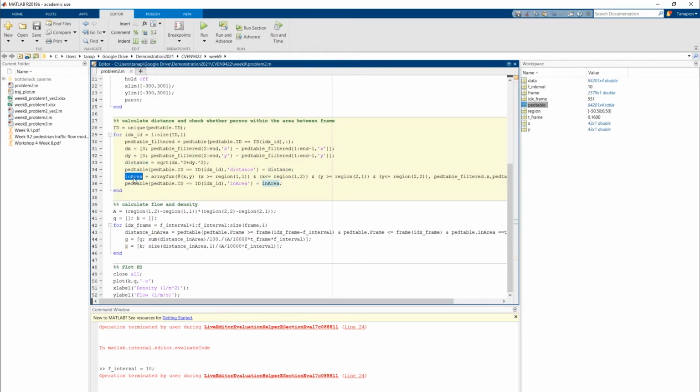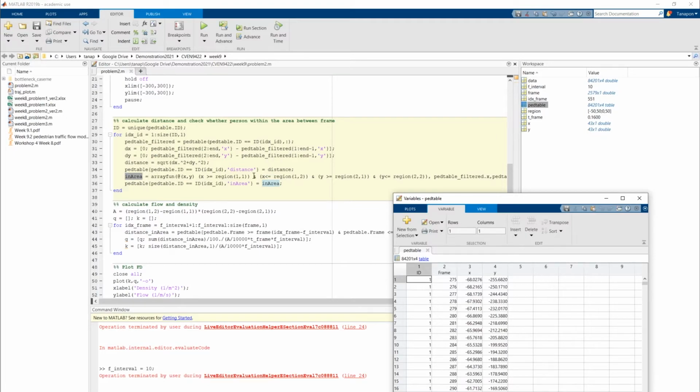and we can do this check if it's in the area. We can do this for regions: if X for this person is greater than the minimum X value in regions and less than the maximum X value in the regions, greater than the smallest Y min for that region, and less than Y max of that region.